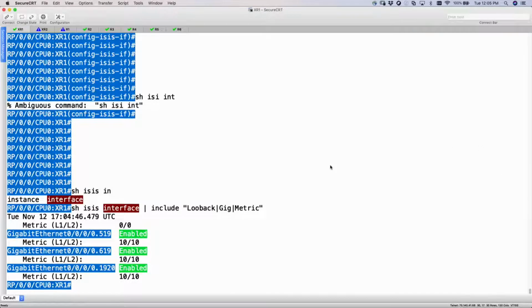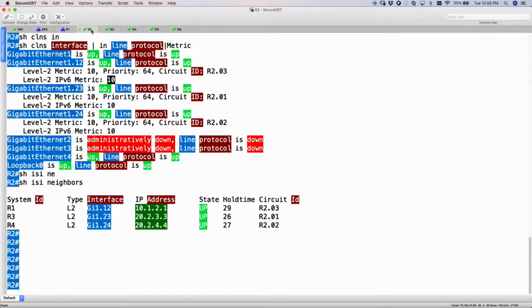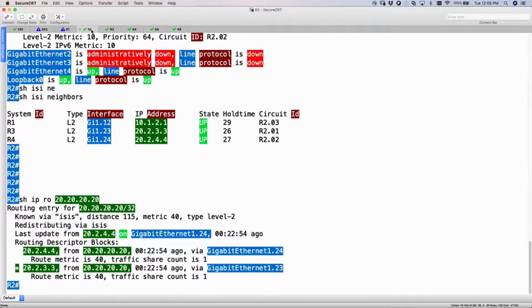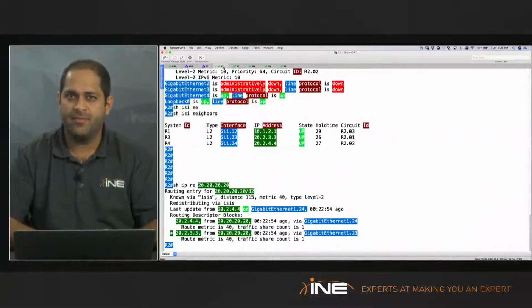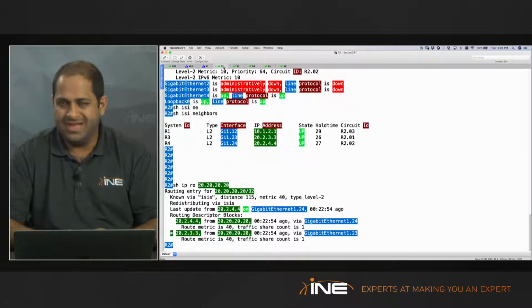Let's also look at the routing table. Let's go back to R2 and see how R2 is reaching maybe XR1's route or maybe XR2's loopback. If I do a show IP route to 20.20.20.20, which is the loopback of XR2, I have 2 paths in my routing table. I have a path through R3 and I have a path through R4. So ISIS again does load balancing automatically.